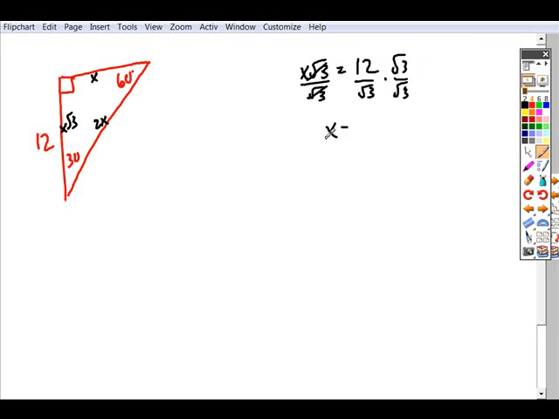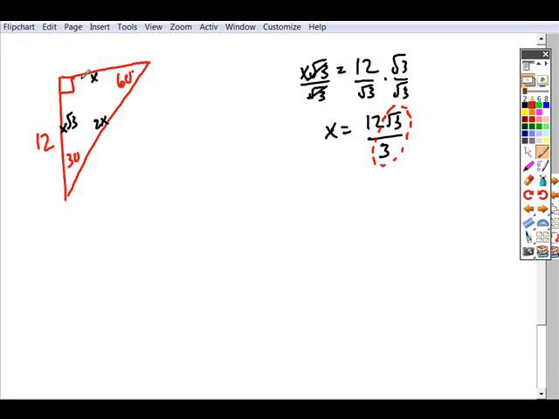And so really, to solve for x in this case, as you multiply across, root 3 times root 3 is just 3. It's very similar to what we did with the 45, 45, 90. Dividing by root 2 is equivalent to dividing by 2 and multiplying by root 2. Dividing by root 3 is equivalent to dividing by 3 and multiplying by root 3. So it's that very similar pattern.